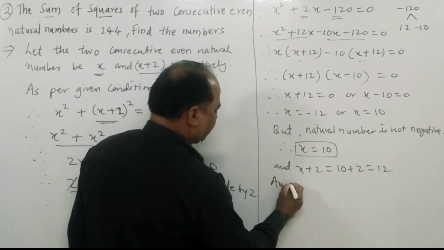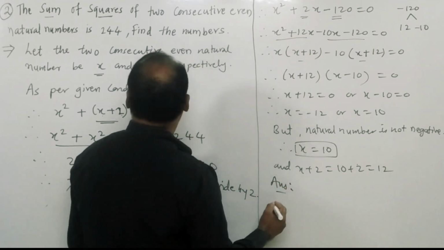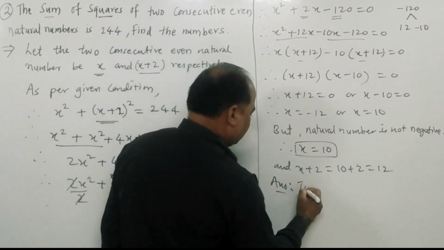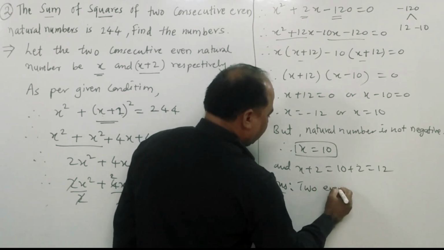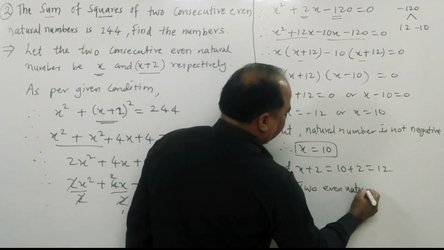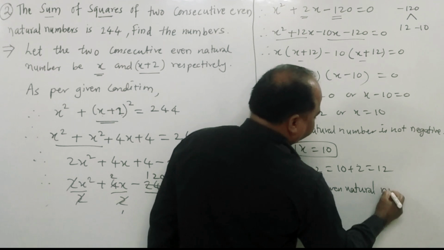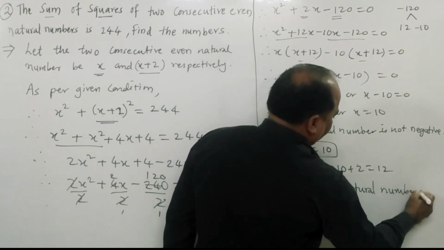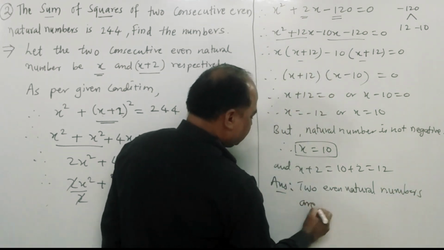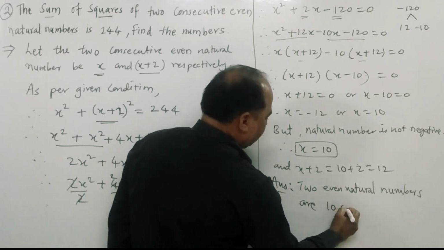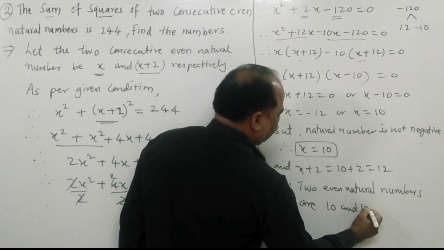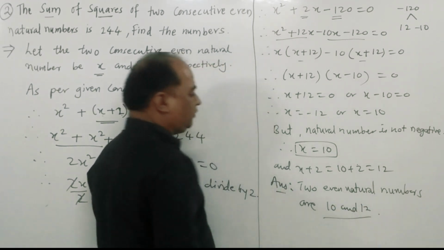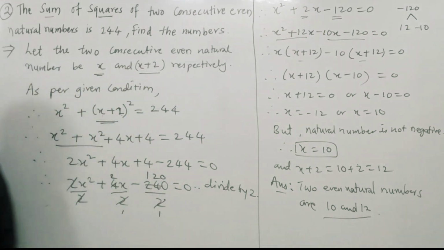Therefore, the two even natural numbers are 10 and 12. These are the two consecutive even natural numbers.